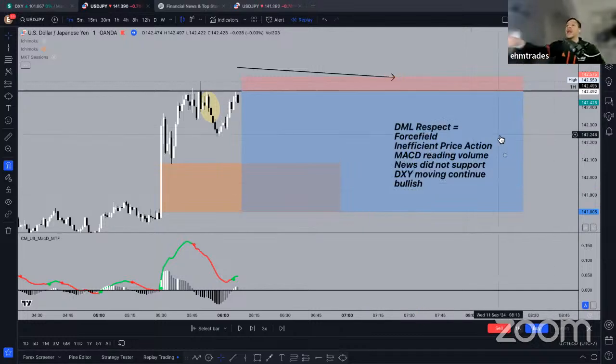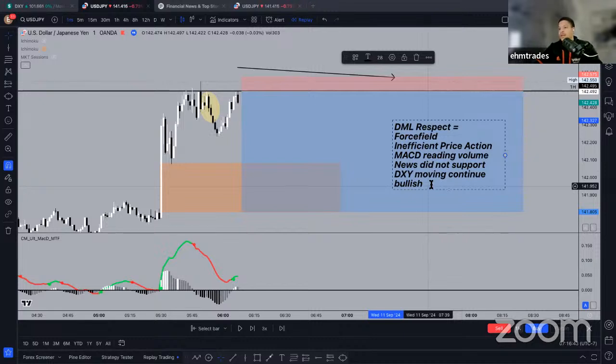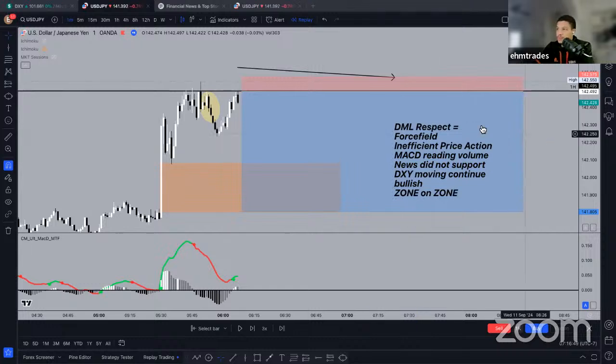Those reasons right there is why I would have entered a sell right here. Wait, one more. Then we had zone on zone. This is stuff I look for all the time, right? Just in different ways.